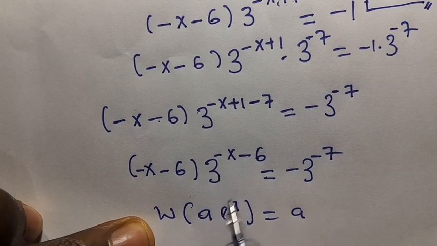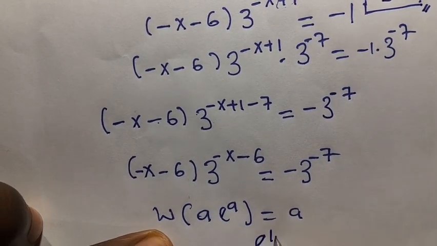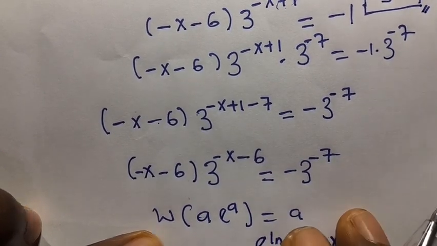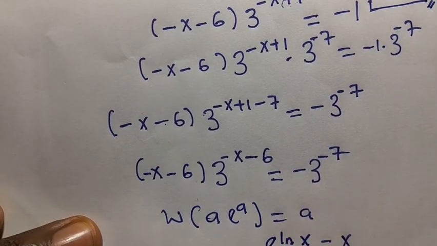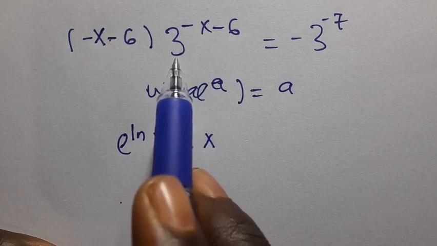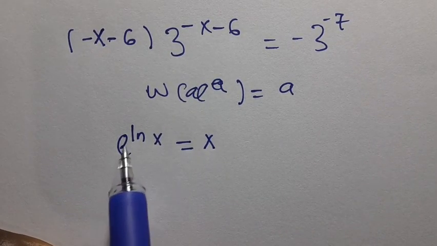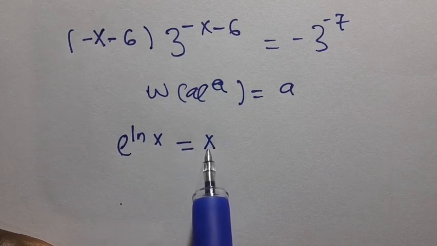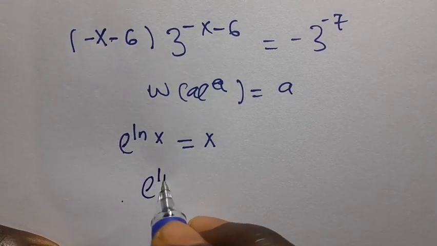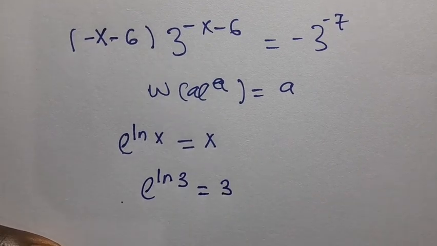There's no exponential here, but note that when you have exponential ln x equals x. So now we want to make sure that here we have it in form of exponential. When we have exponential ln 3, it always equals 3.